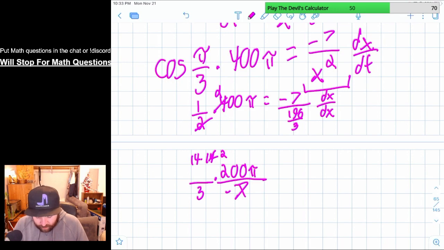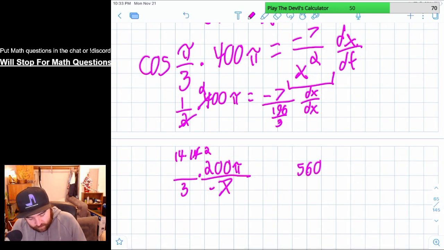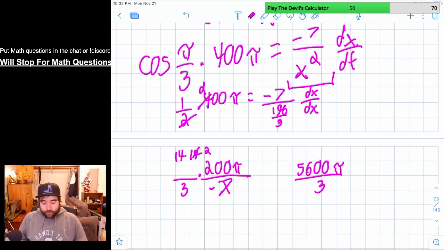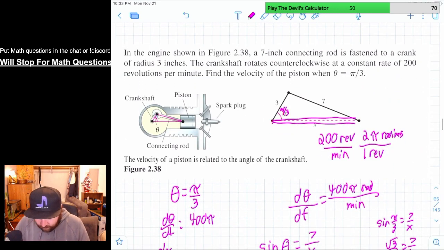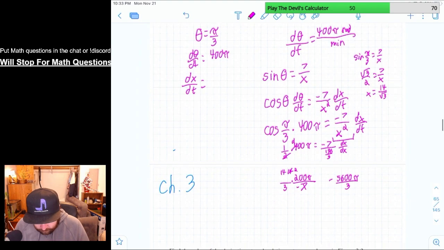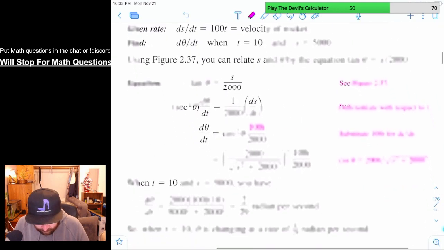So we've got 28 times 2, 56, 2 zeros with a pi, over 3. And negative, well, let's say, does that make sense? That is going to be going backwards? I guess. Let's check our answer. Negative 5600 pi over 3.